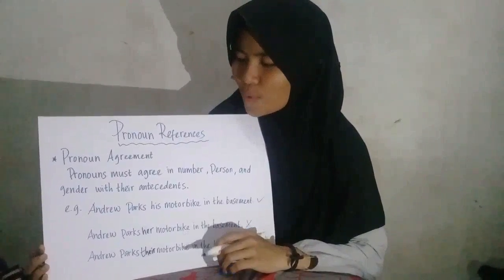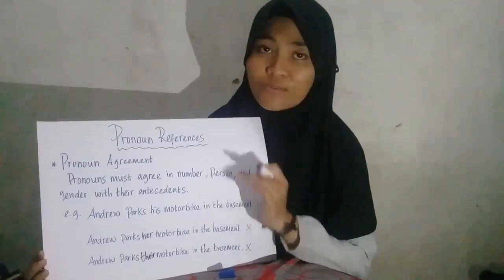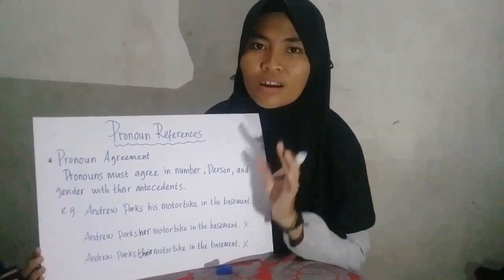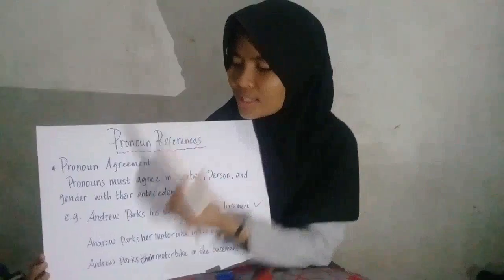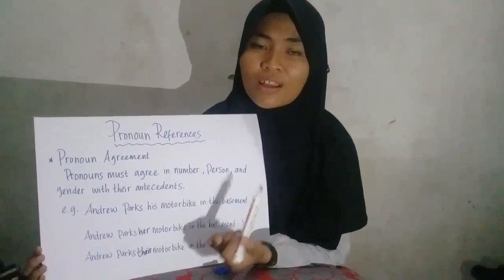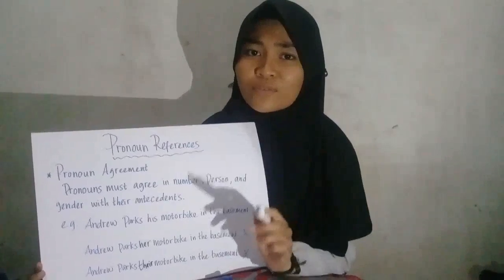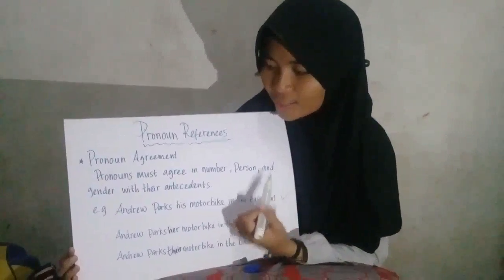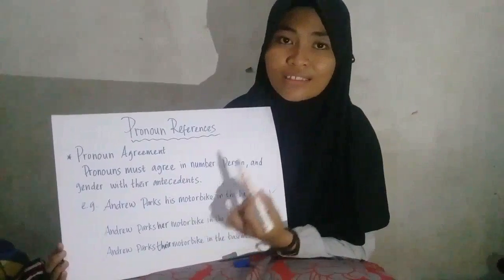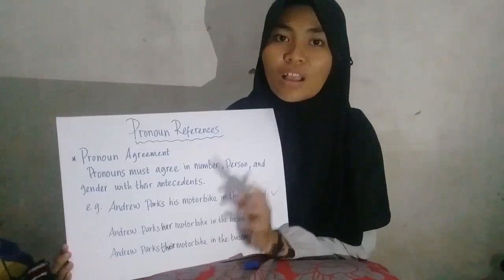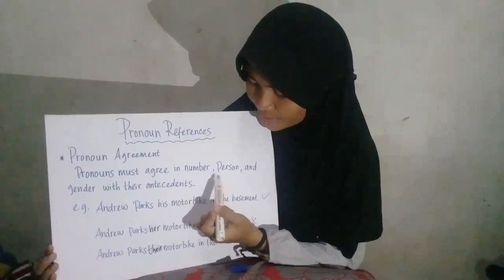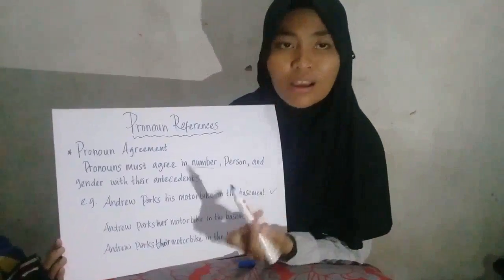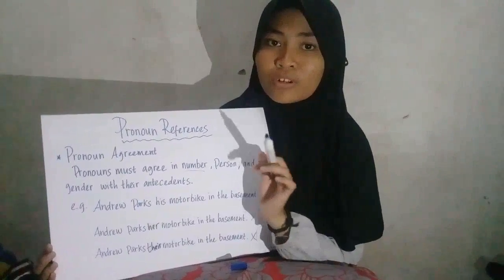Okay, so when we talk about pronoun references, we should consider pronoun agreement. It means that pronouns must agree in number, person, and gender with their antecedents. The number here will be singular or plural.